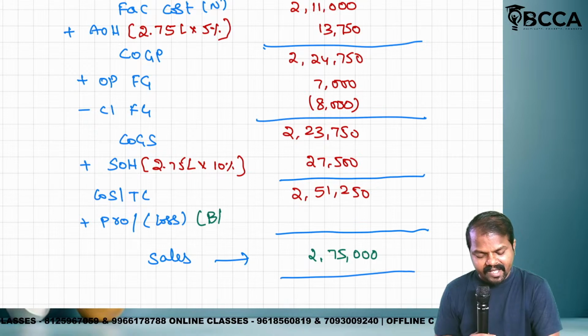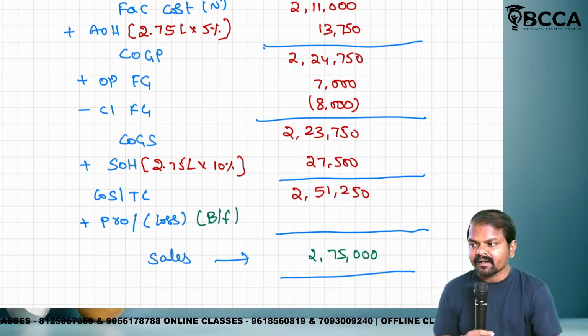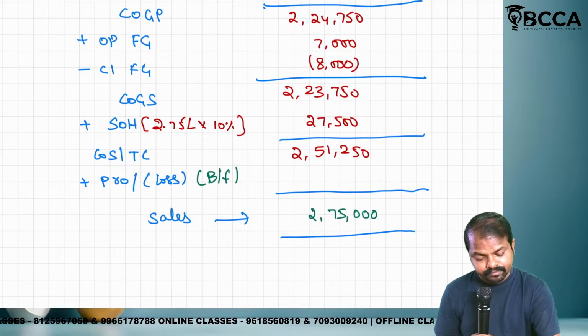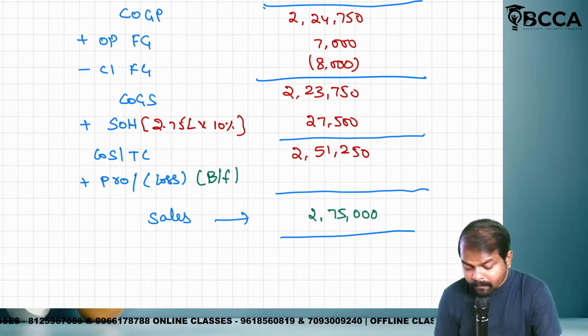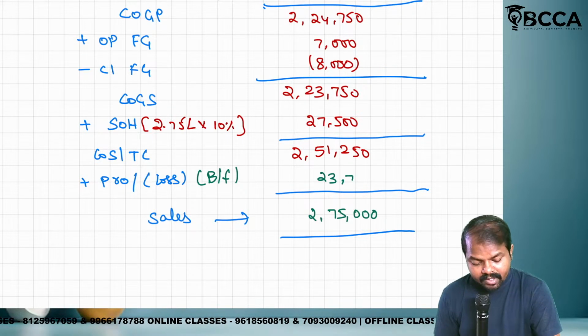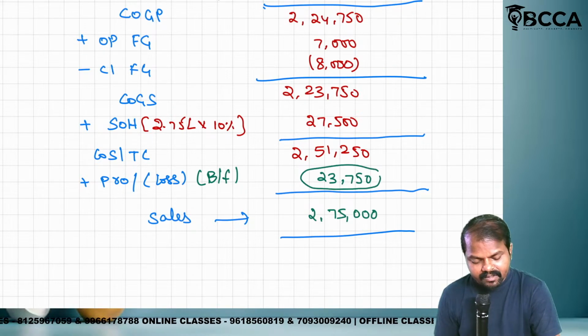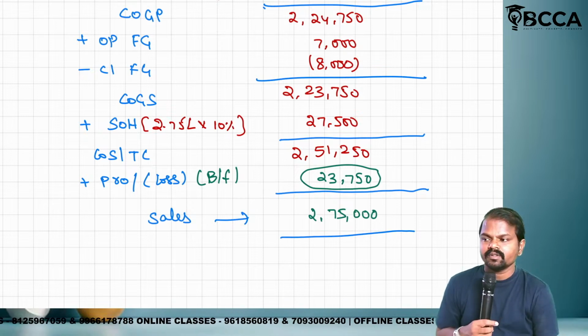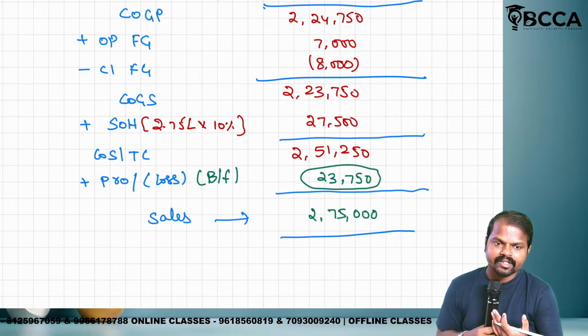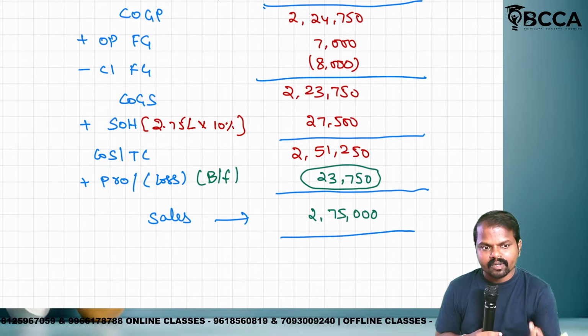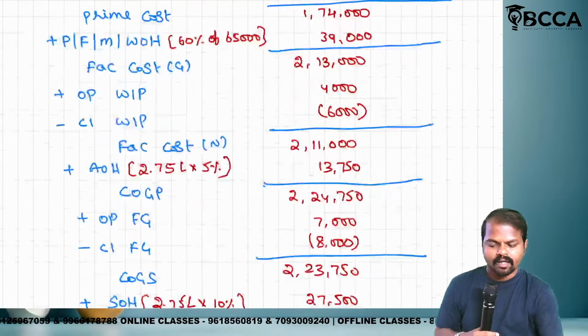Profit will be referred as balancing figure. What is the balancing figure, my dear? 23,750. This is a question. Are you got it? Clear? Otherwise I have to repeat. Clear? Please make it note.